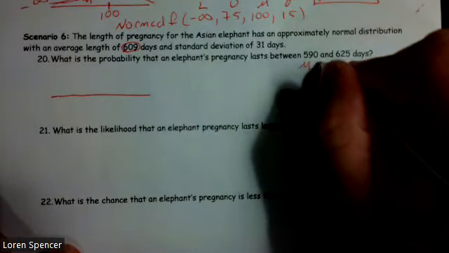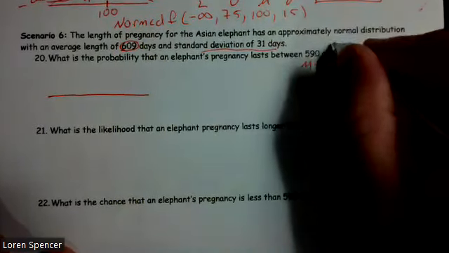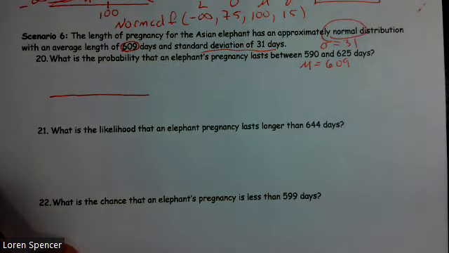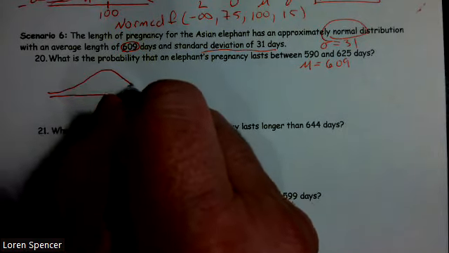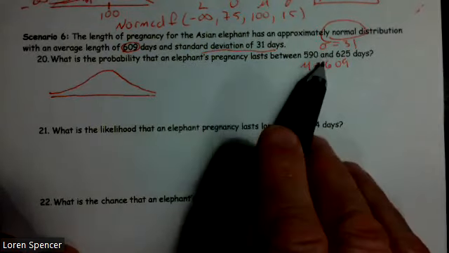So mu equals 609. Standard deviation was right here. It's 31. And they told me it was normal, so I can use the normal distribution. And that's important. We can't always use it. We can only use it if they tell us it's normal, or if we prove it, which we'll do later.